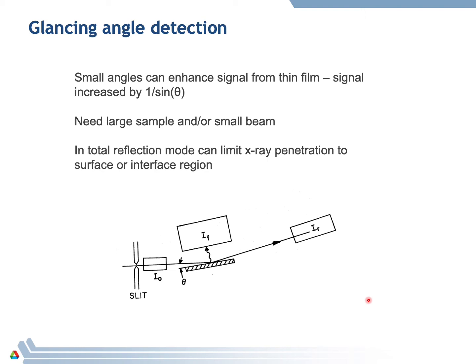You can either measure the reflected beam, or you can measure the fluorescence signal in that case. And the X-ray penetration when you're in this reflection mode is strongly limited, even more than this 1/sin theta factor. In fact, the penetration would only be typically a few nanometers when you're reflecting from the surface.